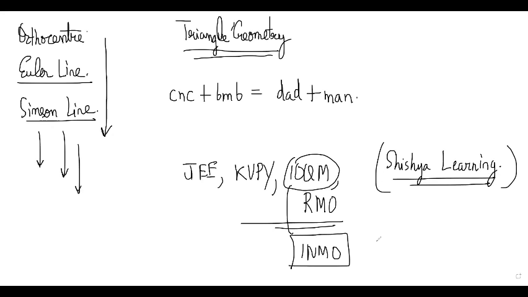The reason we are doing trigonometry is that not everybody will be able to think of a pure geometry solution everywhere. It is harder to think of. Once you are good at trigonometry, you will get the solution very easily. So to get good at trigonometry, you should do SL Loney chapters 12 and 15.